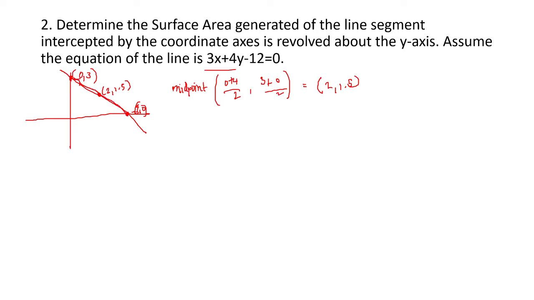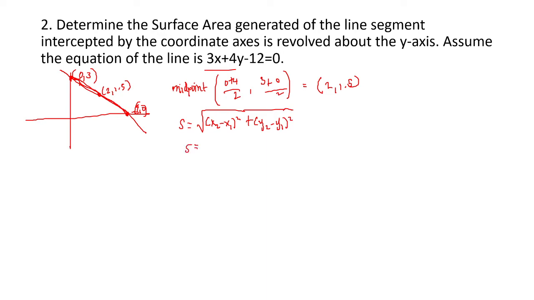The length of this. So how are we going to find the length for that one? Simple. We just use the distance formula from this point to this point. So the distance s is equal to the square root of (x2 minus x1) squared plus (y2 minus y1) squared.